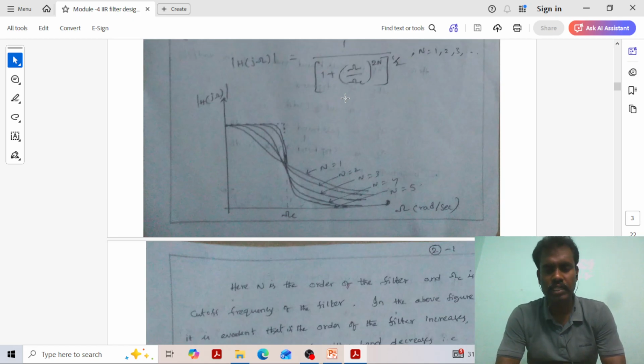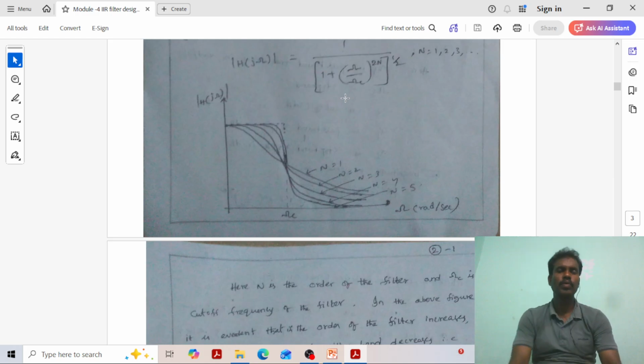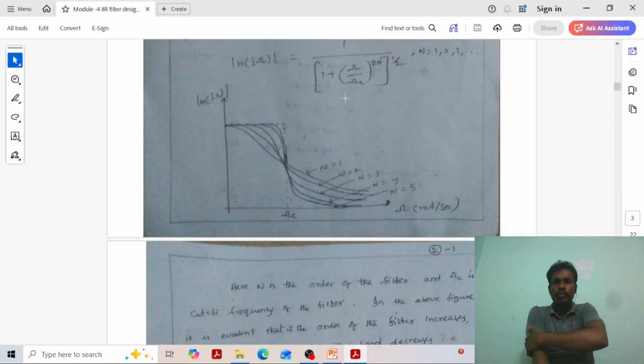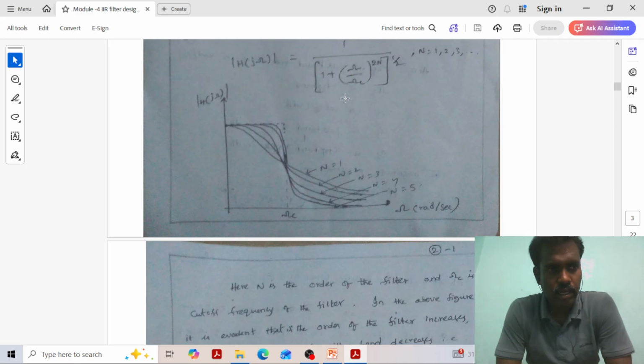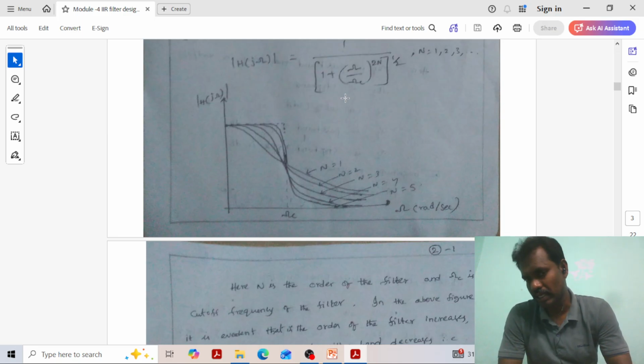If the maximum power in the denominator is s square, then it must have two poles. If s power 3 is the maximum degree in the denominator polynomial, it contains three poles. So the order indicates the number of poles of the transfer function.